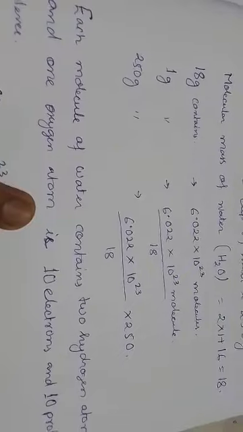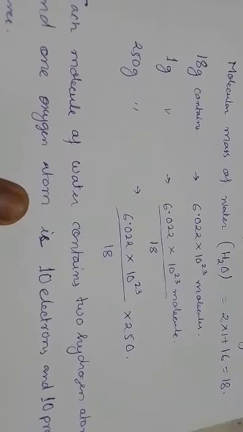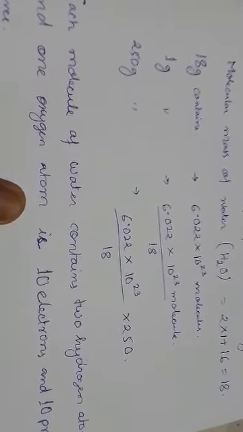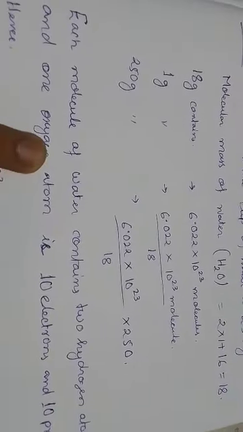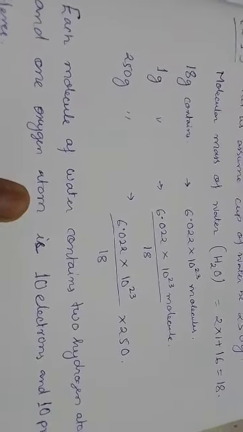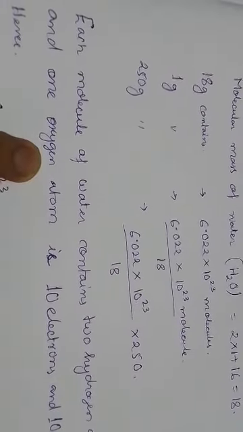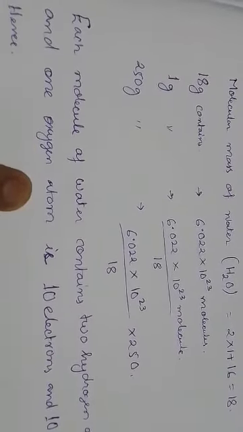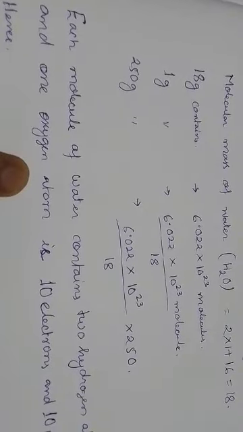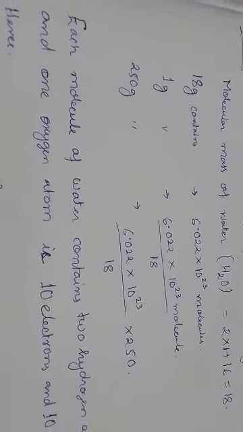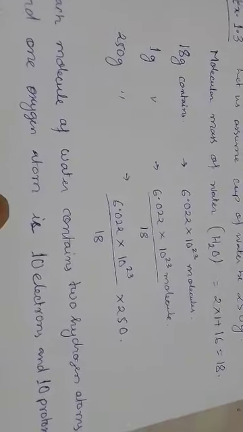So in case of hydrogen, 2 into 1, that is 2 hydrogen atoms are there, and oxygen has atomic number 8, so it will have 8 electrons.